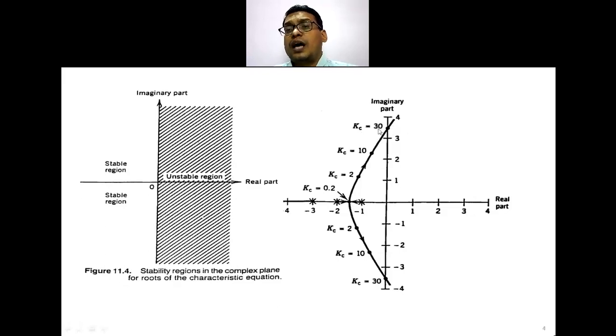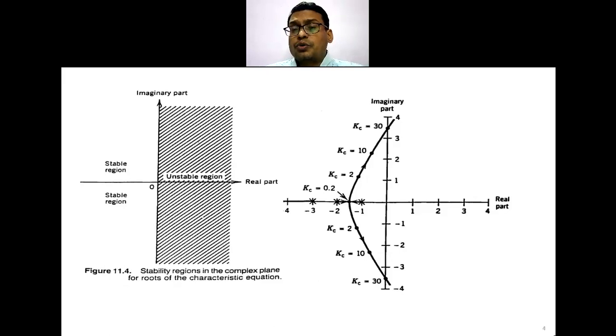If the values are 30 and above, your stable system becomes unstable. So this detailed analysis is not obtained by the Routh criteria, and that is why the root locus diagram, which is a graphical representation, came into the picture.